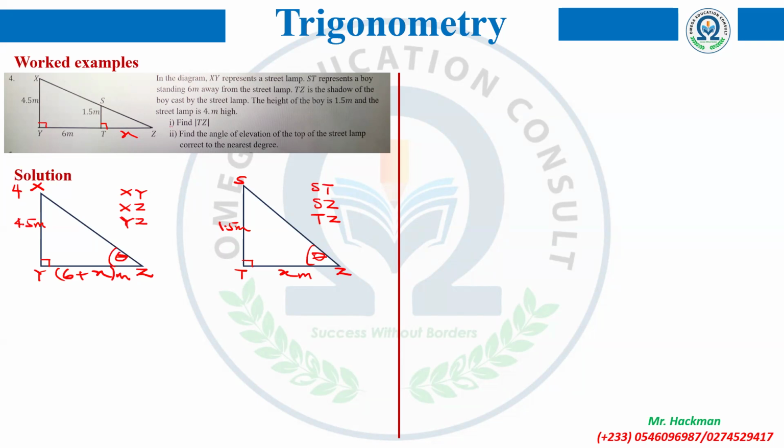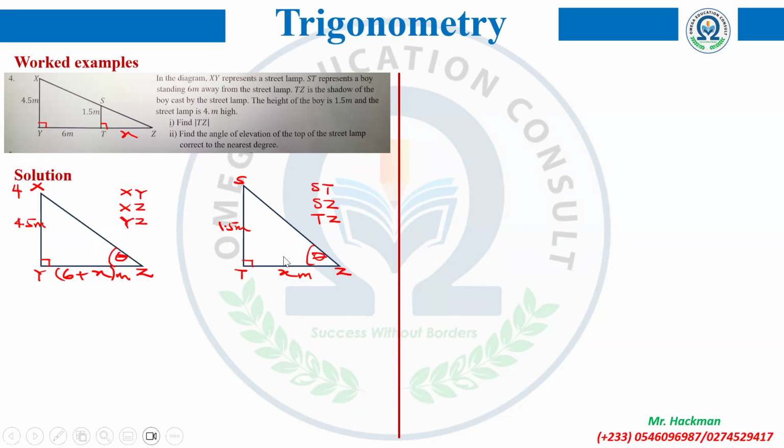This time around, we have a common angle, so we have to form an equation linking what? If it's a common side, an equation linking the common side, so a common angle would be an equation linking common angles. I hope you are with me, my professors.